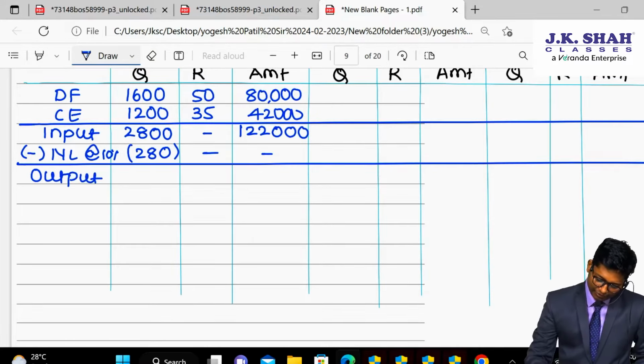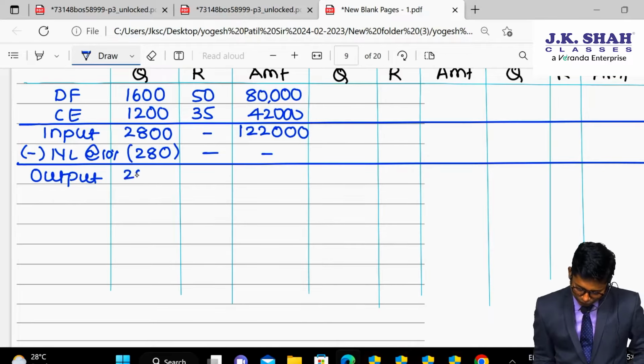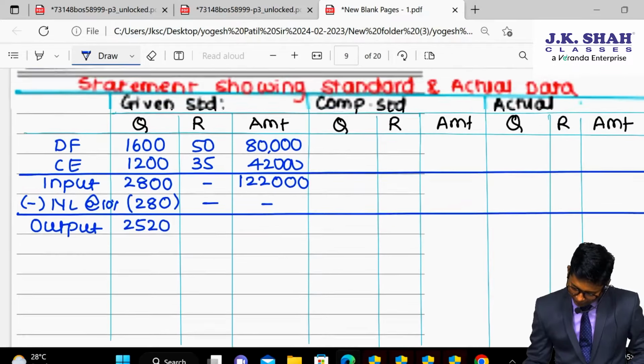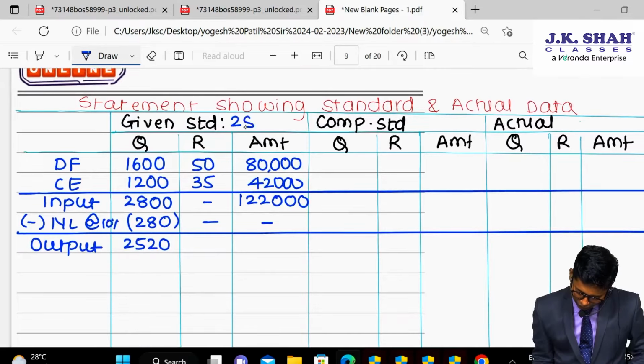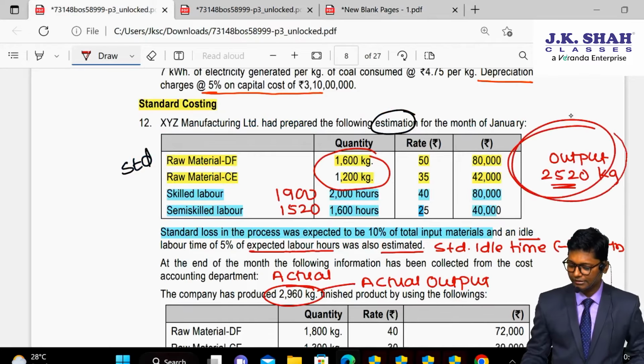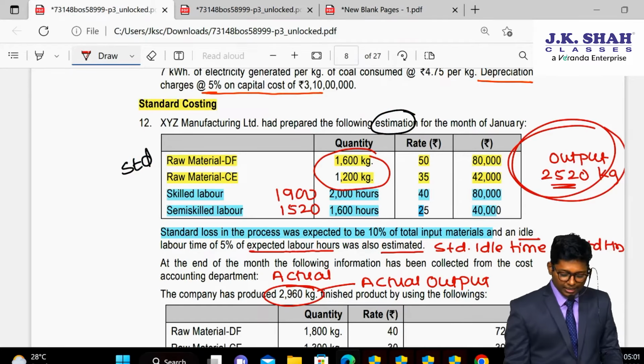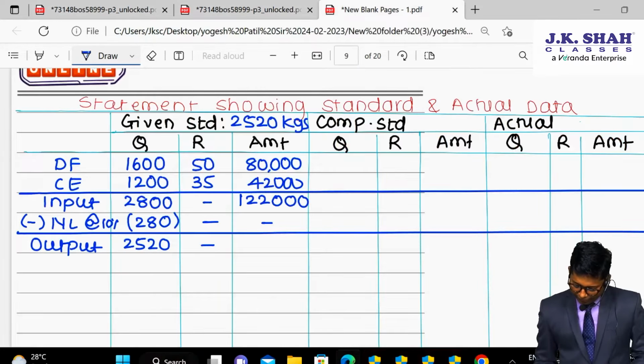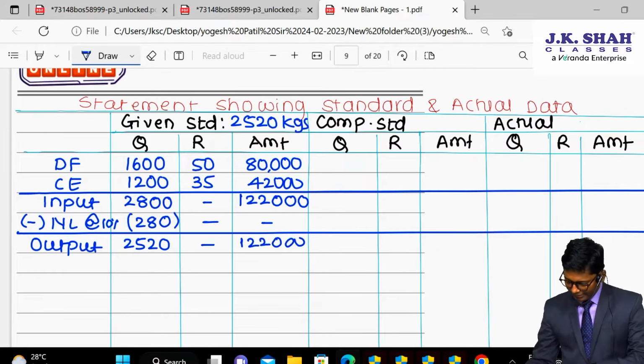So 2800 minus 280 equals 2520 output. That means the given standard is for 2520 kgs, the same point I discussed while explaining the sum. Correct? Now if you read further, there is no realizable value, so I recorded 1,22,000 as it is.